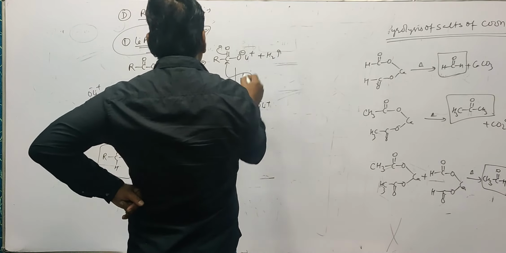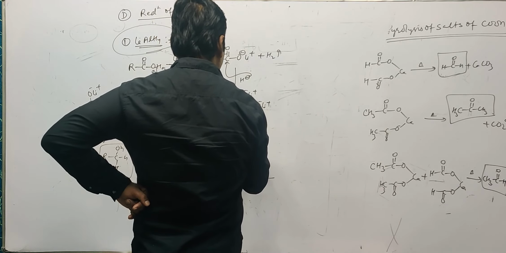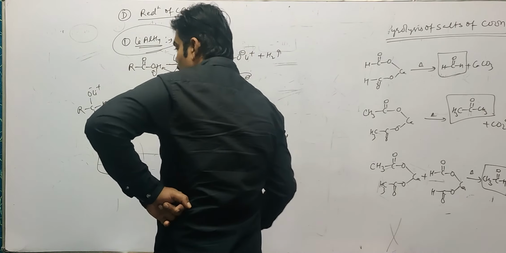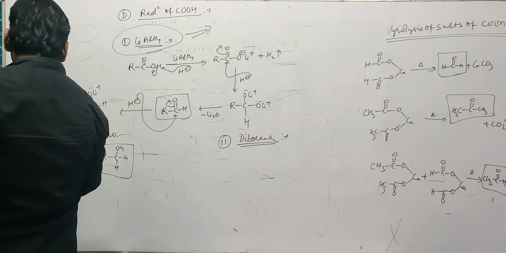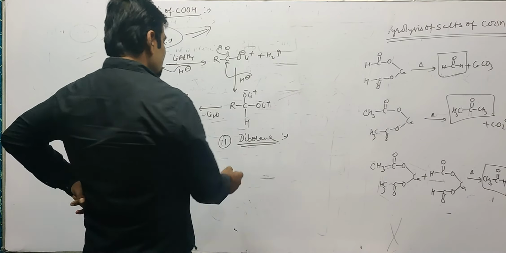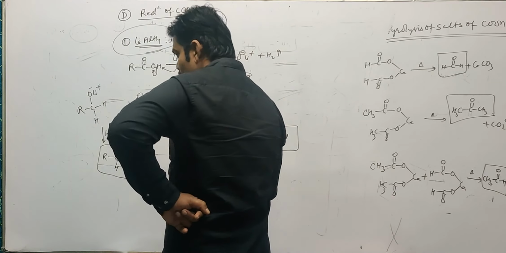Now, the second reaction is by the use of diborane. Diborane is a very selective reducing agent for carboxylic acid, because carboxylic acid is more reactive towards diborane than aldehydes or ketones or nitro group.